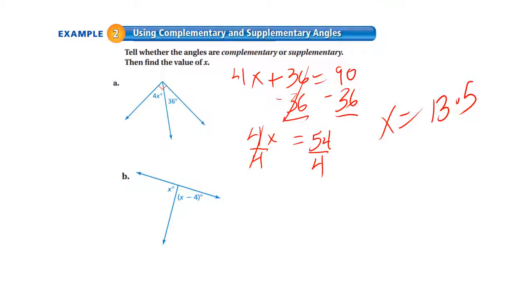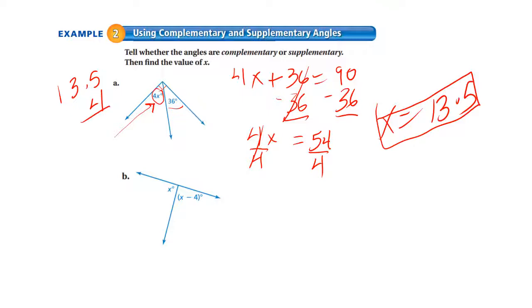So we know what x is, and that's all we were asked to find, but some of these are questions from the book, and they might then ask you what is the value of the missing angle? Well, we know that one of them is 36. So if we know that x equals 13.5, we can say 13.5 times 4, because it says that this missing angle here is 4 times x.